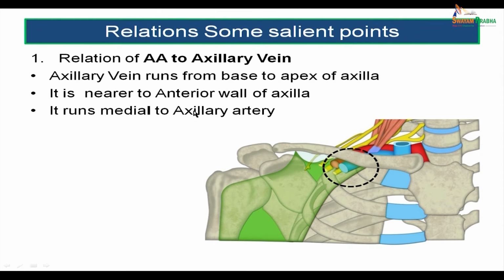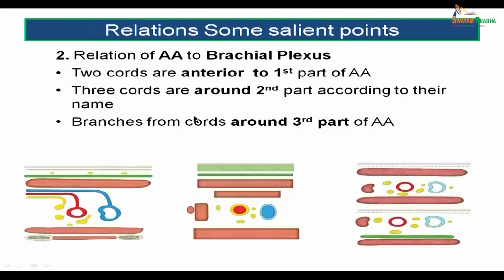Second, it is nearer to the anterior wall of the axilla and it always runs medial to the axillary artery. The second salient point in the relations is the relation of the cords and branches of brachial plexus to the axillary artery.